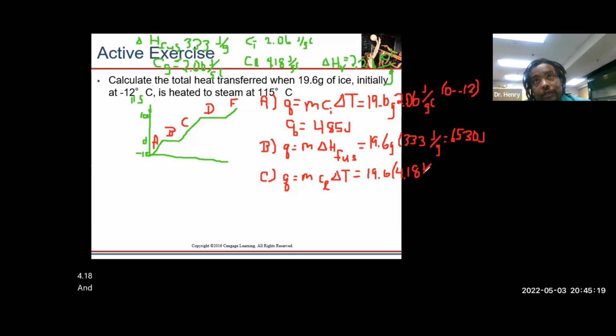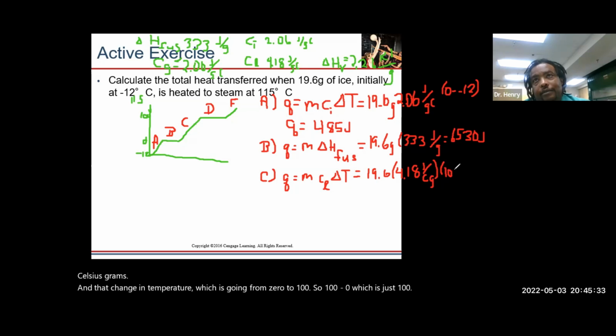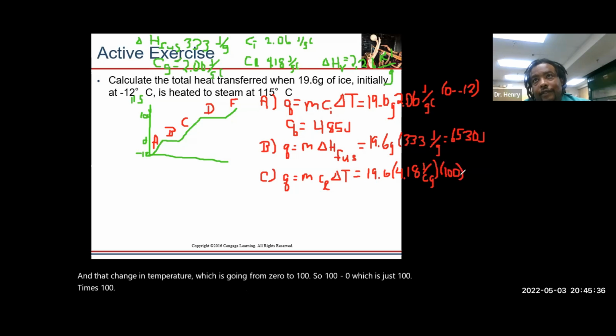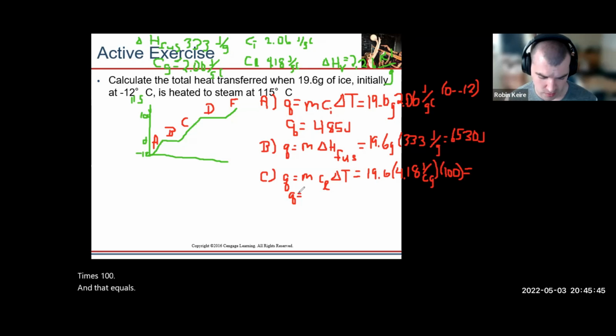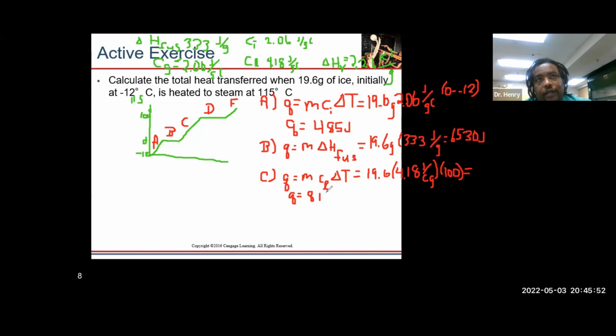That's joules per Celsius gram. And that change in temperature, which is going from 0 to 100. So 100 minus 0, which is just 100, times 100. And that equals 8,190 joules.